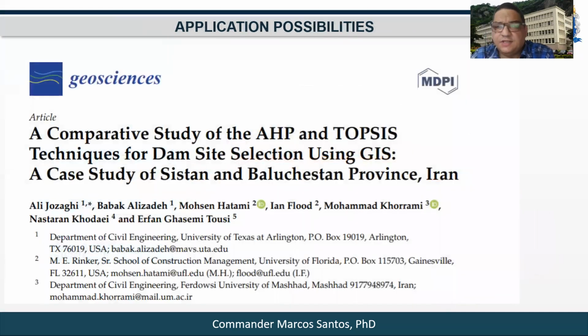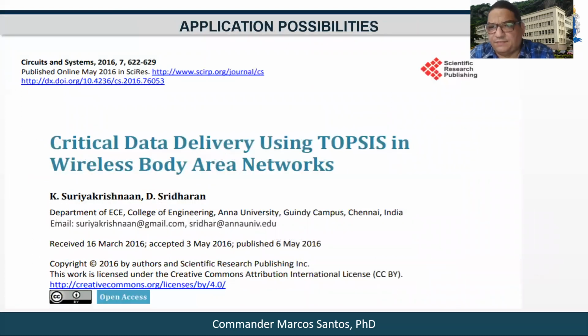So let's see some papers. Comparative study of the analytical hierarchy process and TOPSIS techniques for dam site selection using GIS. Here we have another problem.